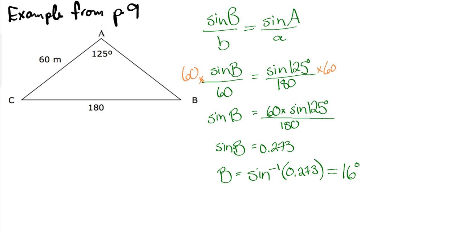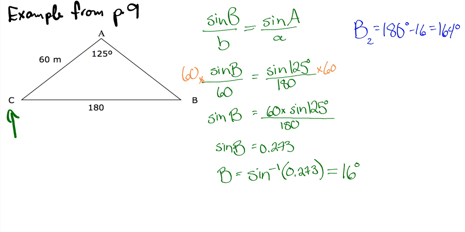I can take a look at this and figure out that this C would be 180 minus 16 minus 125, and I could calculate this C value in this triangle. Now what I want to do is say, is there a second triangle possible? If there was a second possible triangle, that B value would be 180 minus 16, which gives us 164 degrees.